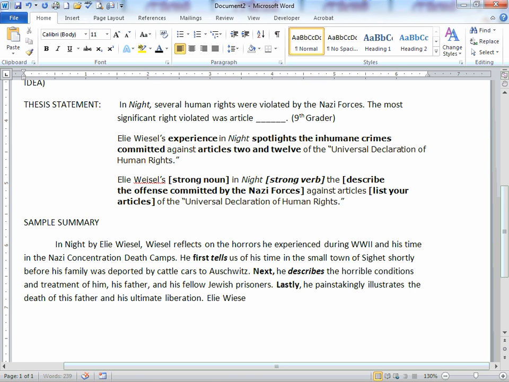Elie Wiesel, harrowing tale in Night, spotlights the injustice and inhumane crimes committed by Nazi Gestapo against articles.